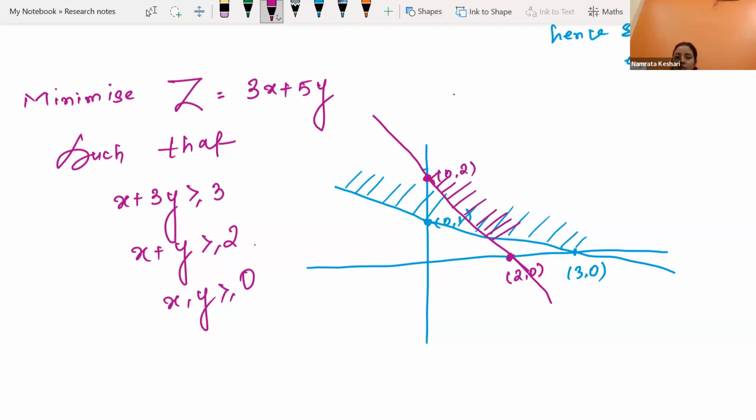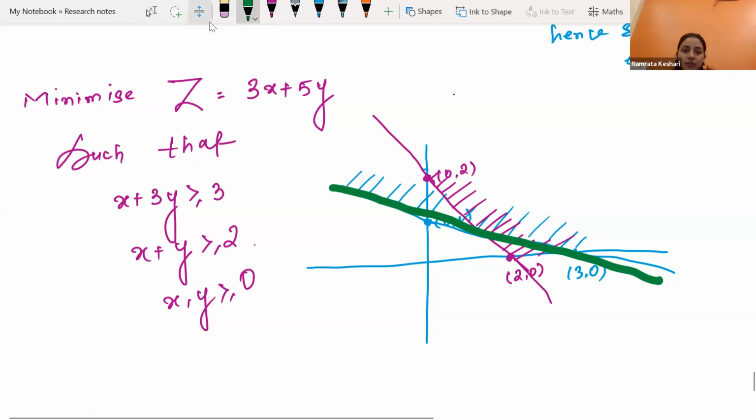Is it a bounded region? Is it bounded, Annapurna? No, it is not bounded. Okay. The first line we have plotted, which is this one, says to go up in that direction, because 0, 0 is not satisfying.